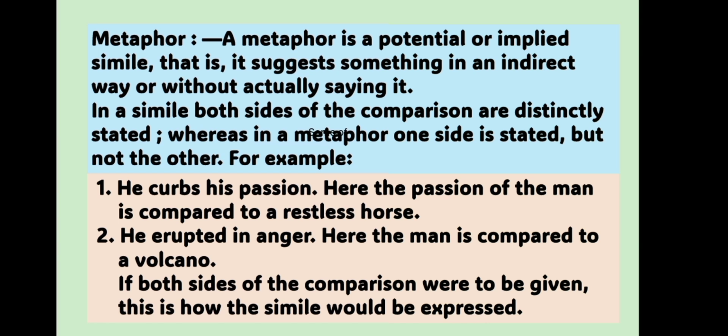For example, number 1, he curbs his passion. Here, the passion of the man is compared to a restless horse. This is an example of metaphor, as the passion of the man is stated but not the restless horse.